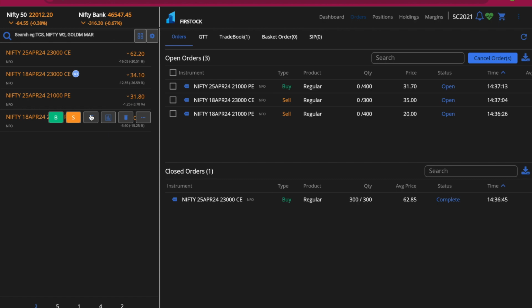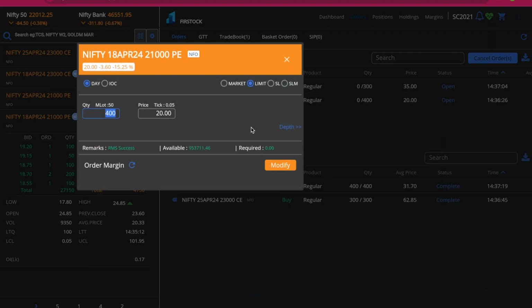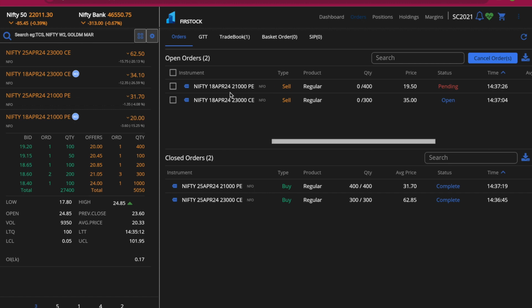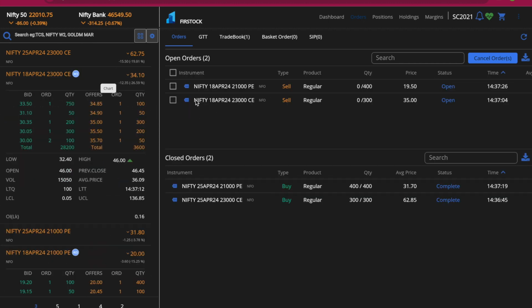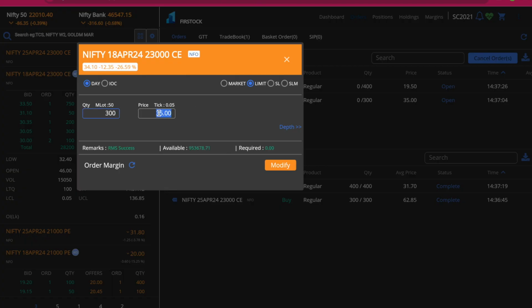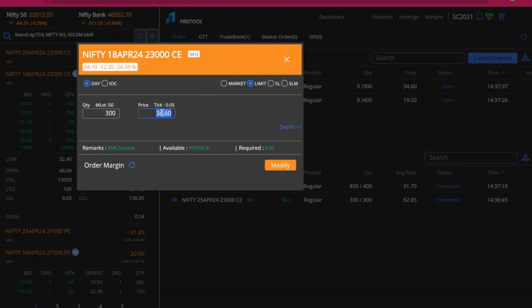Okay, market depth is quite thin over here. 19.5 something you'll get here, and the CE is at 34, so we will get something like 34.5 for 6. It's very poor market depth, and the volatility is higher here, and not sure why.